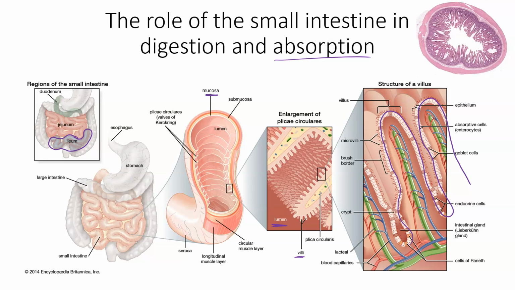And it's these villi that have all of these individual microvilli attached that increase surface area enough to make absorption a viable, really efficient process, and one that digestion is really dependent on, right?